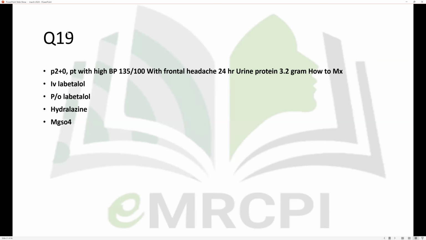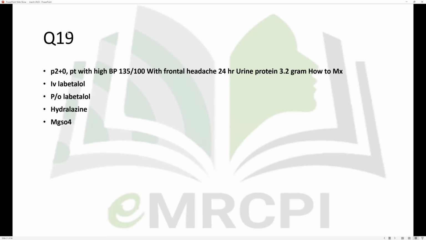In the absence of proteinuria, okay, you need evidence of maternal organ dysfunction, right? Or uteroplacental dysfunction along with the high blood pressure, right? Yes.